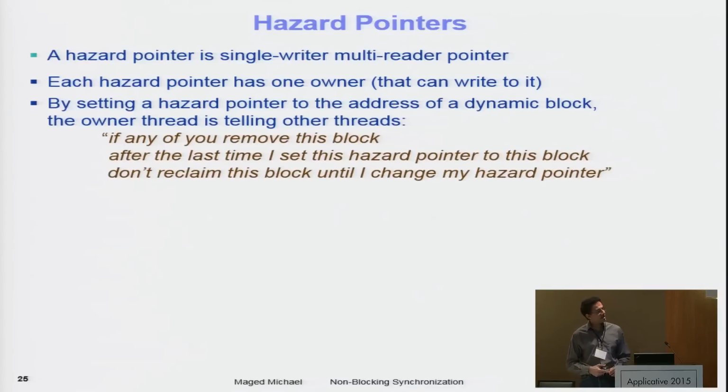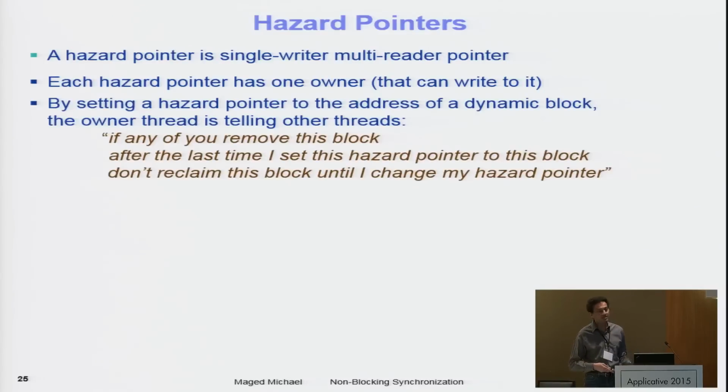By setting a hazard pointer to a value pointing to a dynamic block, you are basically telling other threads that if you happen to remove that block after I've set my hazard pointer, do not free it until I change the value of my hazard pointer. That's basically the message. And surprisingly, it's a very simple technique.